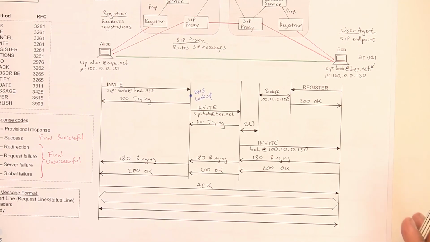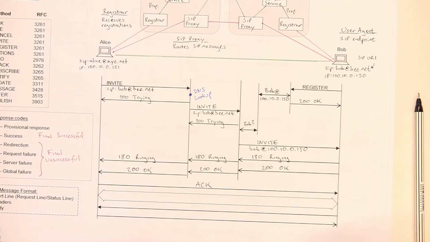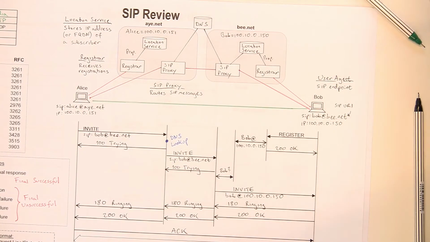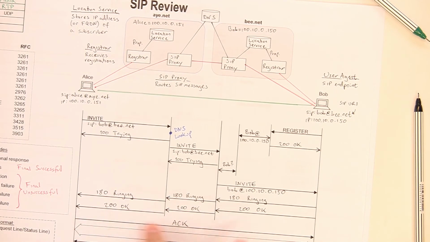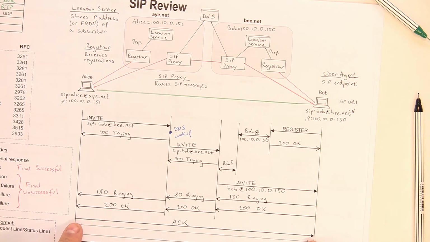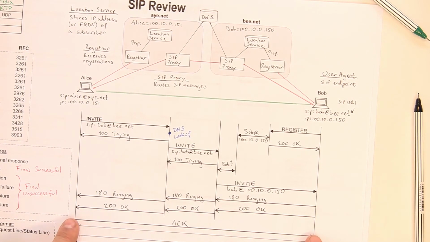Finally, we can have some media. Let's use green for this. Hang on. We need to do this. Did you notice how ACK is sent end to end here? It's an acknowledgement end to end. The final shake in the three-way handshake is actually sent directly between Alice's and Bob's phones.